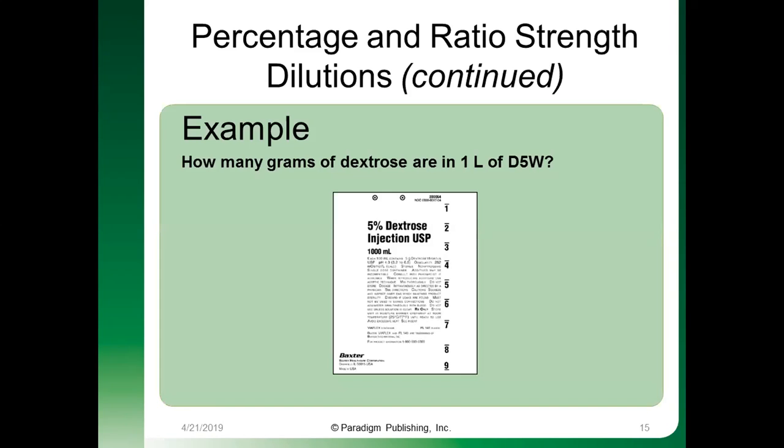For this example: how many grams of dextrose are in 1 liter of D5W? D5W means that it's 5% dextrose in water. They're asking us how many grams are in 1,000 milliliters, 1 liter. Remember from our conversions that 1 liter is equal to 1,000 milliliters.